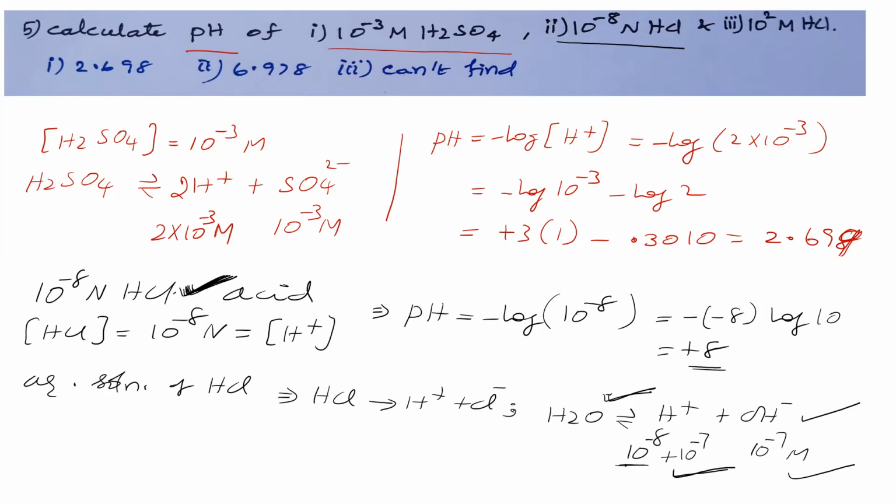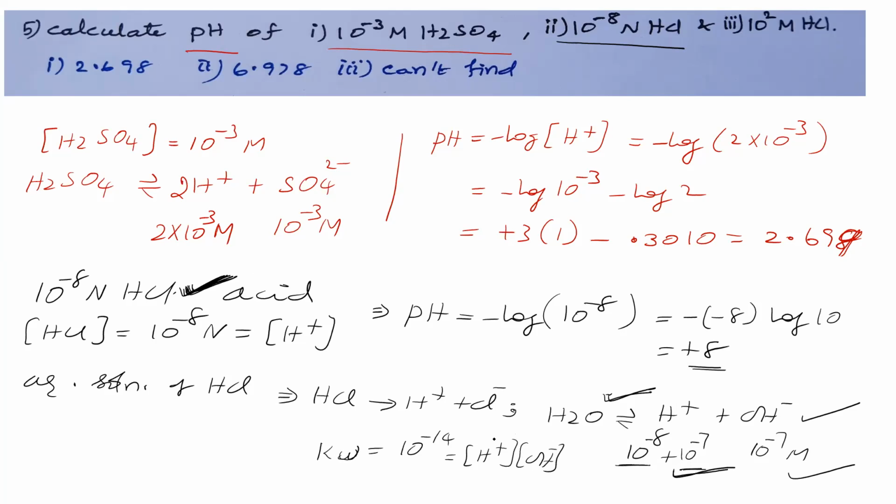This 10 power minus 8 is HCl contributing, 10 power minus 7 is water contributing. Like this shall we take? Because Kw, the ionic product, is equal to 10 to the power of minus 14, that is equal to concentration of H plus into concentration of OH minus. Can we take like this?